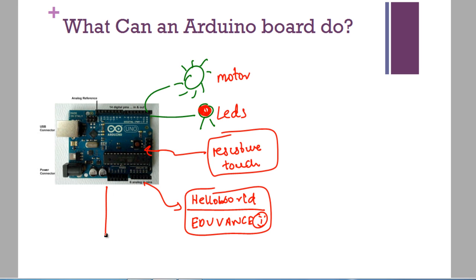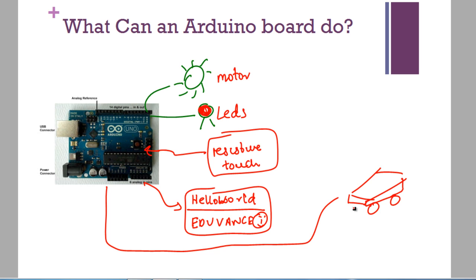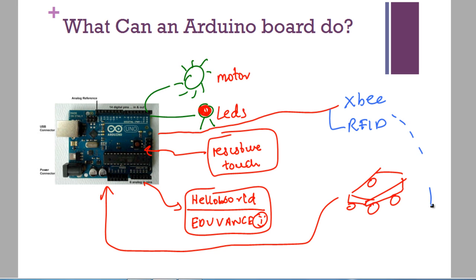If you want to go slightly more advanced, you can decide to make a robot or a car bot with 4 motors, and you can control that using an Arduino. You can do even more advanced concepts such as Zigbee, RFID, and a lot more.